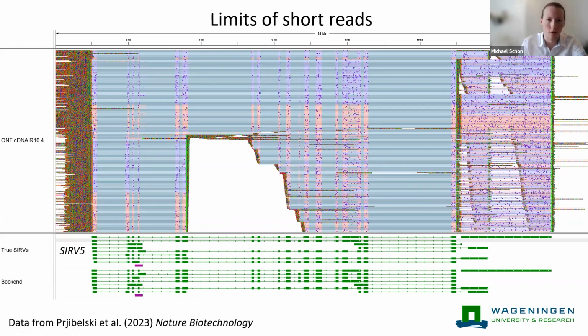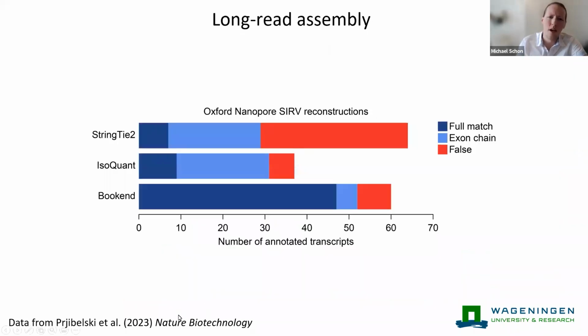with short reads, unfortunately. And if we look at the ONT reads across all SIRVs and ask how many can be reconstructed by both StringTie2, by IsoQuant, which was published here with this data set, and passed through Bookend, we can see that we're still not at 100% sensitivity and 100% precision yet.